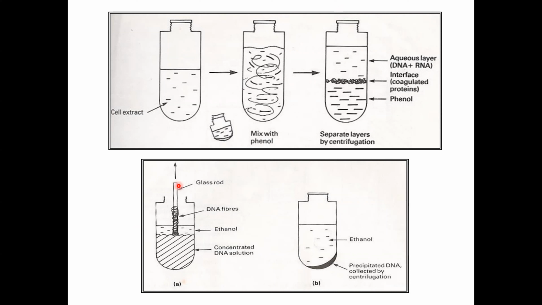Some methods, which are not really common right now, add a glass rod to attach the DNA fibers. Then the top layer is your ethanol and the lower layer is your concentrated DNA.